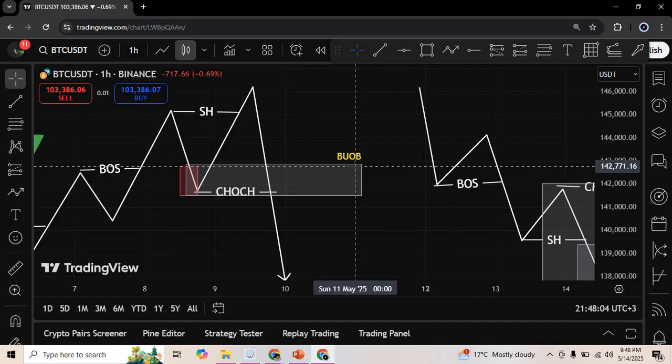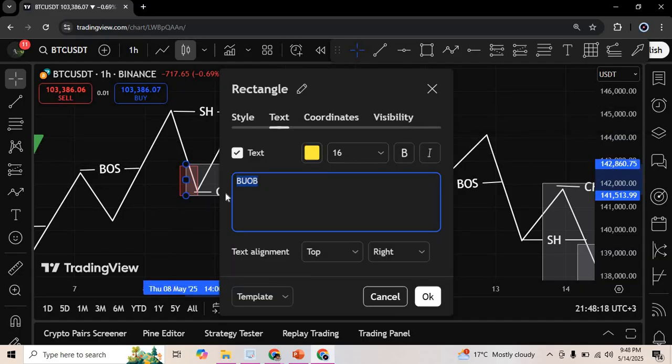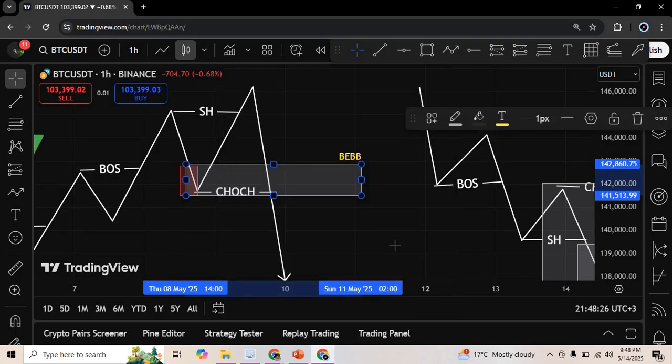A disrespected bullish order block becomes a what? Joseph? Bearish BB. Yes, a bearish breaker block. And from a bearish breaker block, what do you expect? Okari? A short position.